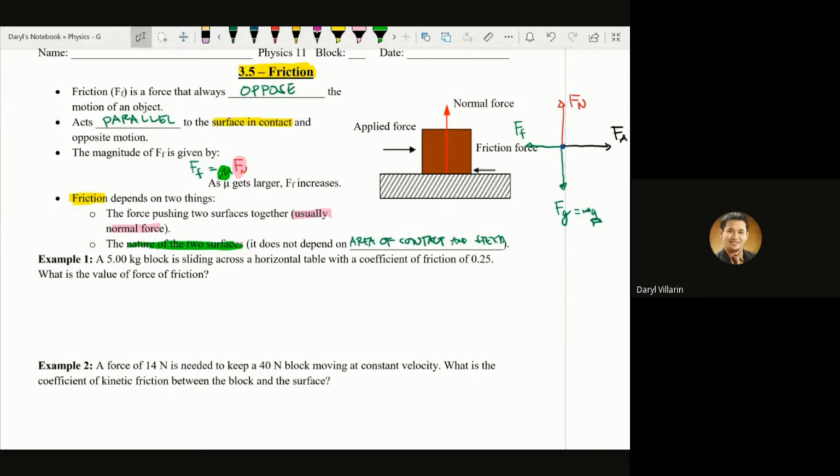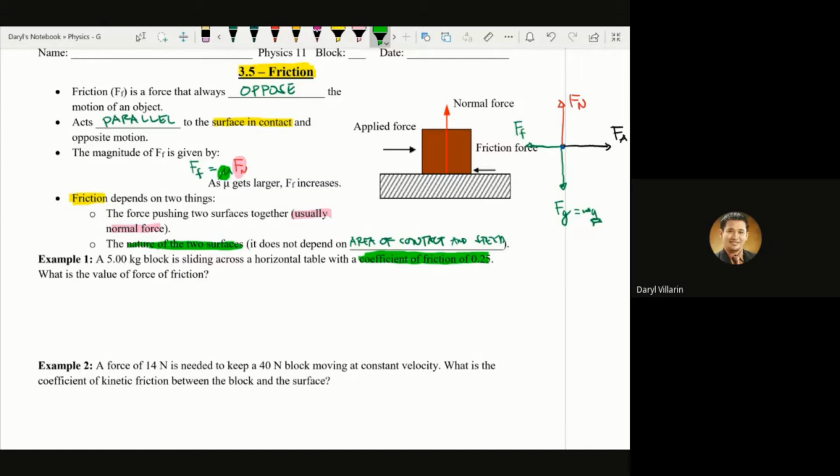So let's take this example here. A 5 kilogram block is sliding across a horizontal table with a coefficient of friction of 0.25. What is the value of the force of friction? You're given the following: the coefficient of friction, which is unitless, so it doesn't contain any unit.